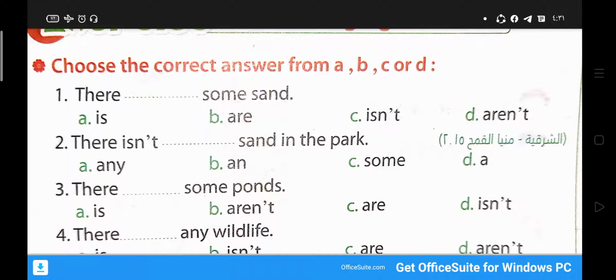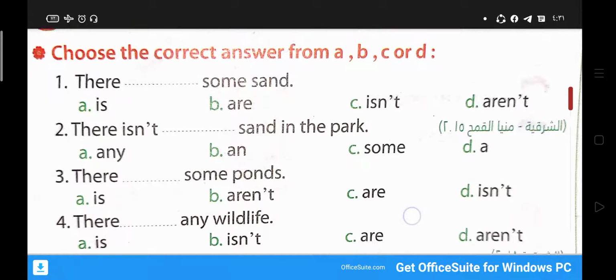Number 3. There space some ponds. Is, aren't, are, or isn't. The word some is used in positive sentences, so we use are. We choose are. There are some ponds. Number 4.